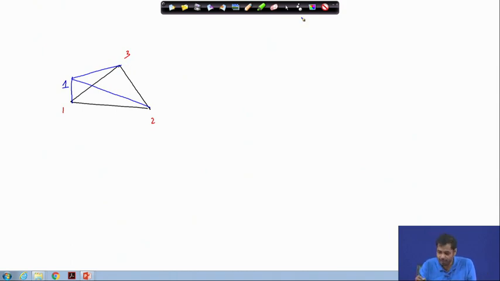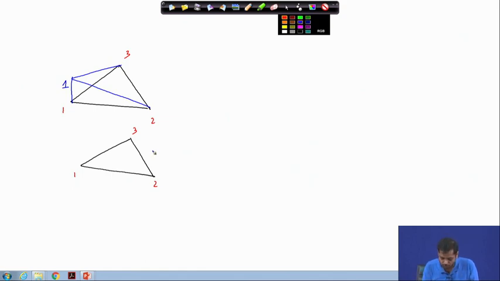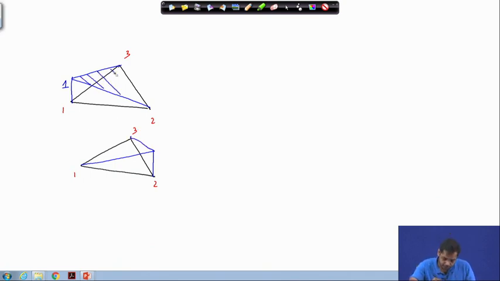Similarly, if I draw the same figure for nodes 1, 2 and 3, and draw the shape function for node number 2, this will be this and this. This will be the shape function.